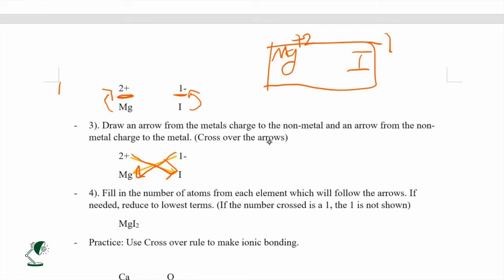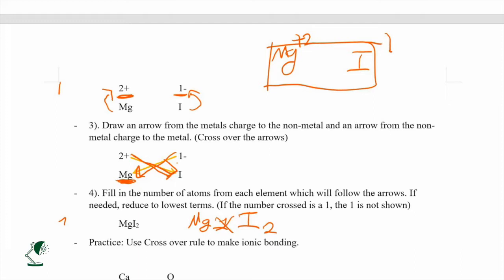Step 4. Fill in the number of atoms from each element, which will follow the arrows. If needed, reduce to the lowest term. If the number crossed is a 1, the 1 is not shown. So we don't have to write 1. Okay, cool. So after you cross your numbers down, you will have magnesium 1 and I 2.